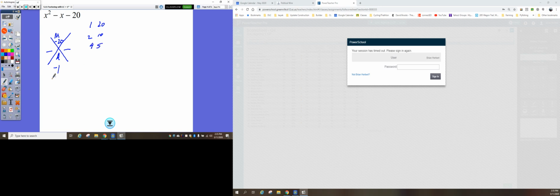Well, the 4 and 5 will give me a 1 back. Which one has to be negative? Well, the 5 will be, because we know that 4 times negative 5 is negative 20. 4 minus 5 is negative 1. So we have 4 and negative 5. So therefore my factors are x plus 4 and x minus 5.